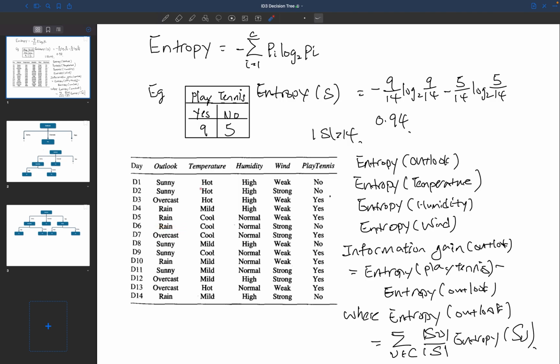Similar for temperature, we have entropy for hot temperature, mild temperature, cool temperature. So we need to compute the entropy for each attribute value, and for the entropy for the entire feature, we need to take the weighted sum.